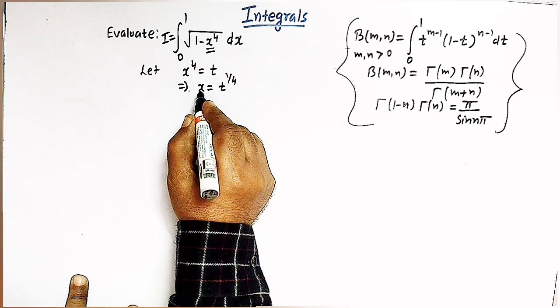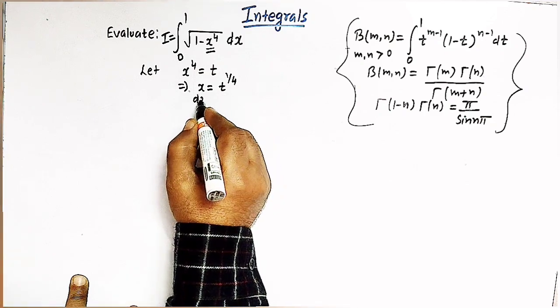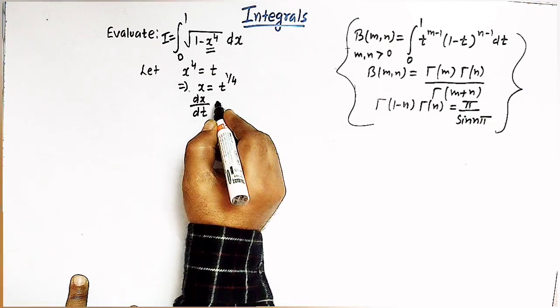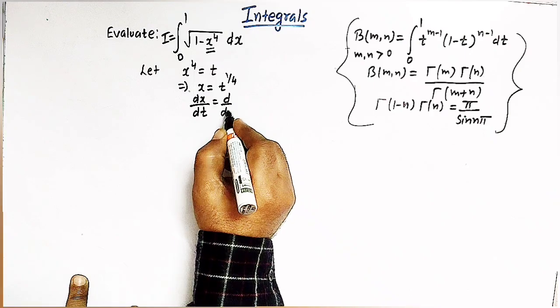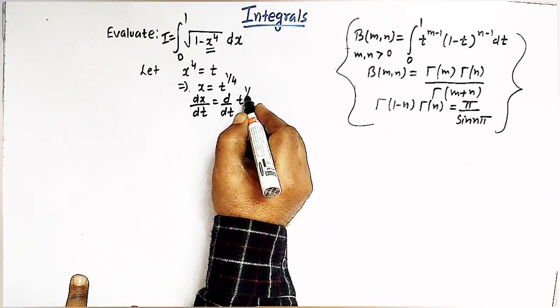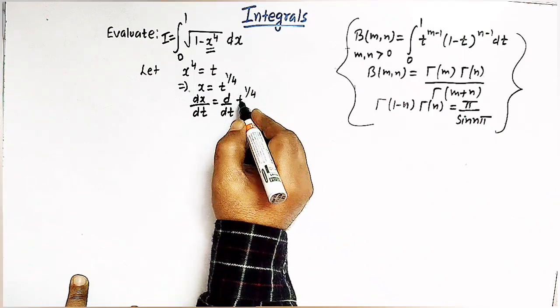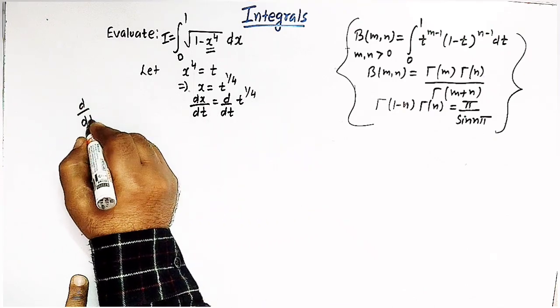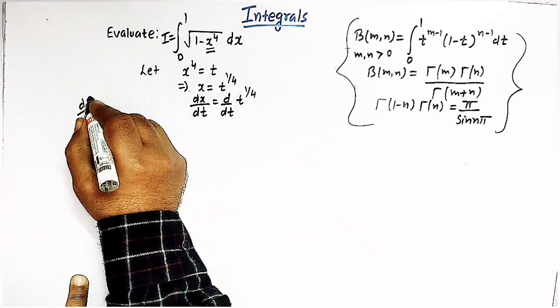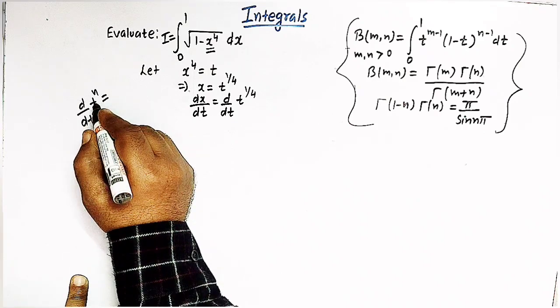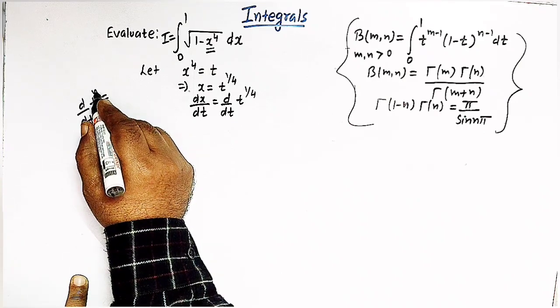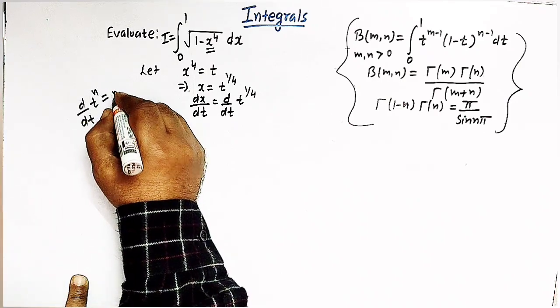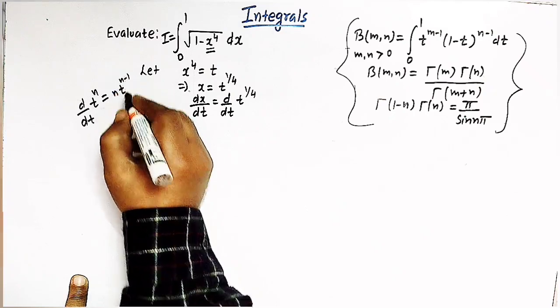Now let us differentiate x with respect to t. So dx over dt is equal to d by dt of t raised to 1 by 4. Now to get the derivative of t raised to 1 over 4, let us make use of the power rule for differentiation, that is the derivative of t raised to n with respect to t is n times t raised to n minus 1.